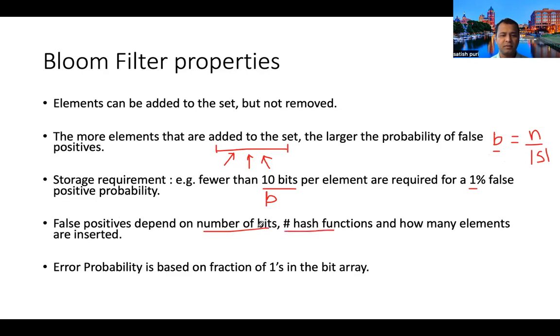The bits is the bit array, and how many elements are inserted, which is captured by B, right? And error probability is based on the fraction of ones in the bit array. How many are 1? Because that's the test for whether an element is there or not.